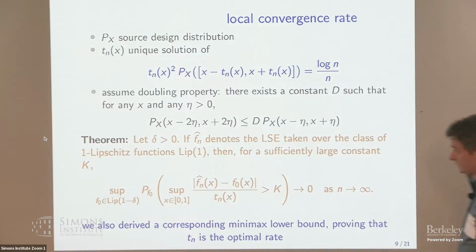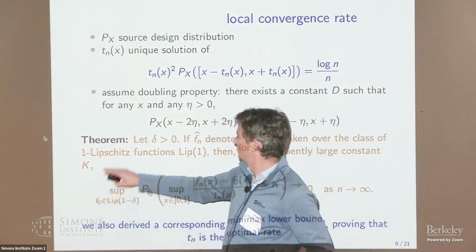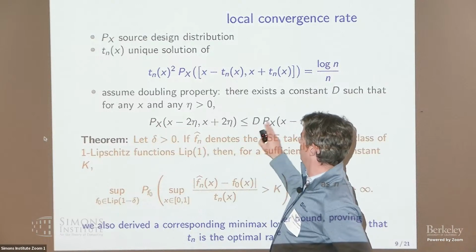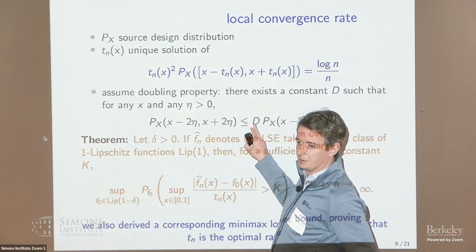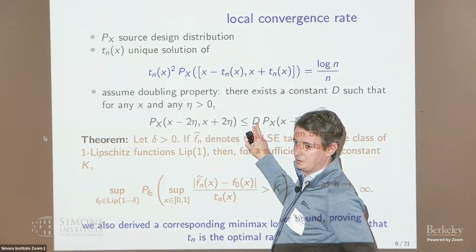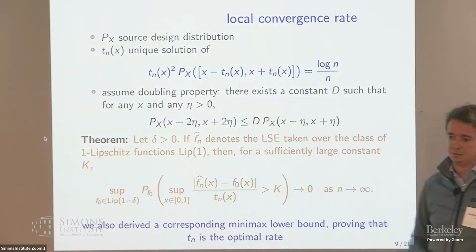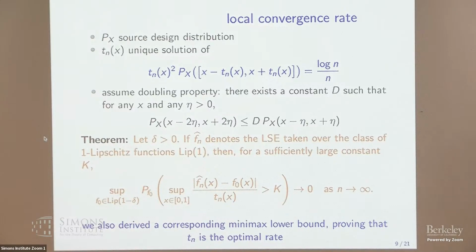So there's another sup here, which I didn't put here because I don't want to put too many technicalities, but there's another sup over px that basically satisfy the doubling condition with the same constant capital D. So that is here, such that we later can also take sequences of source distributions. So I guess the connection I'm not getting is there was a connection to transfer learning, which I've missed. Yeah. Okay. So that comes.